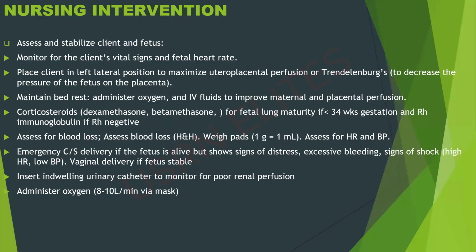Less than 34 weeks, please, we give corticosteroid. An example is Dexa and what? Betamethasone. So please take note of the timing here. Less than 34 weeks, you have to give Dexa, you have to give betamethasone.